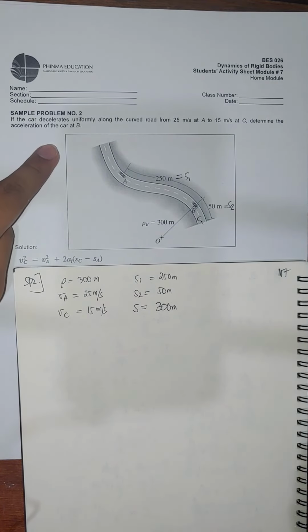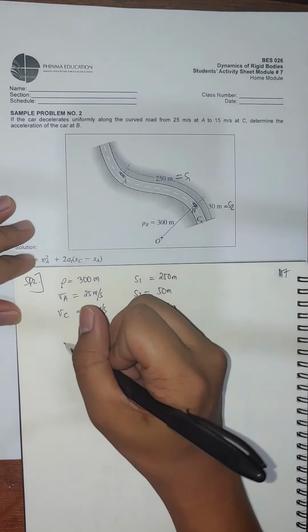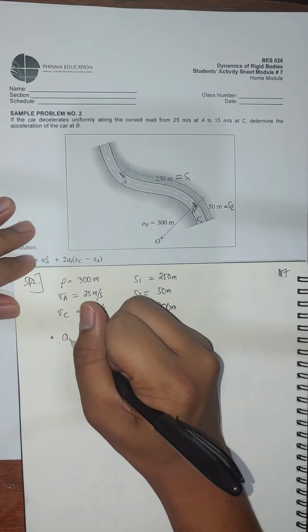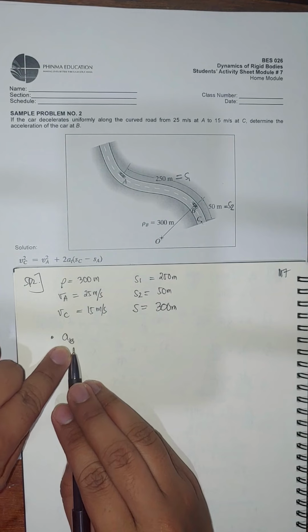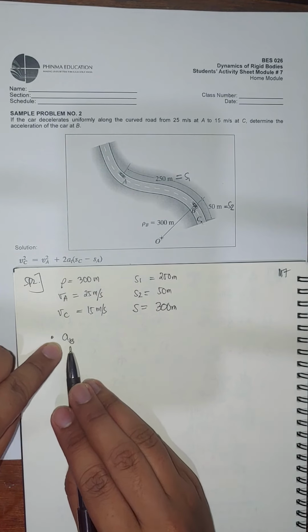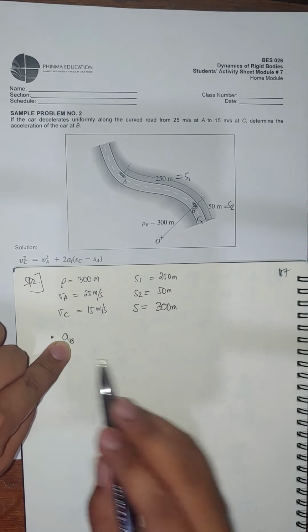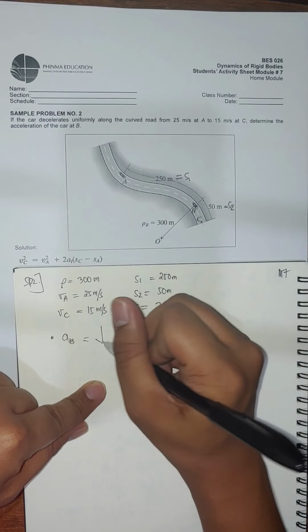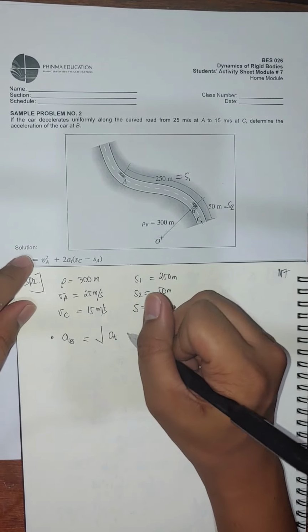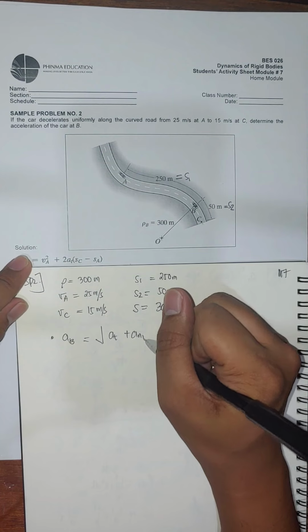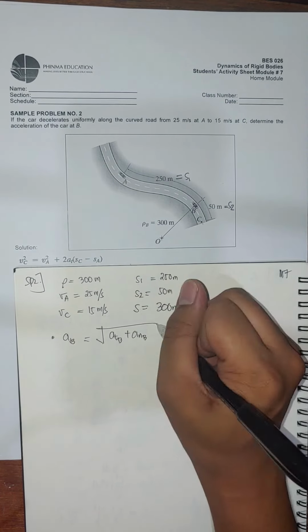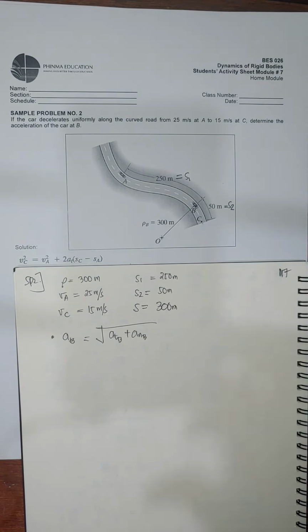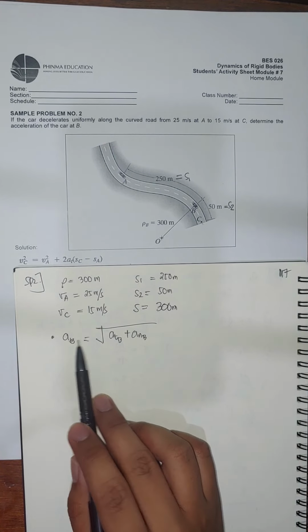To get the acceleration of the car at B, we will use subscripts. It means that the acceleration at B is equal to the tangential acceleration plus the normal acceleration of the car at B. So that is what we need to find. We do not know this.